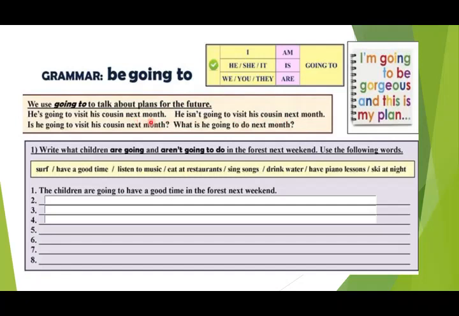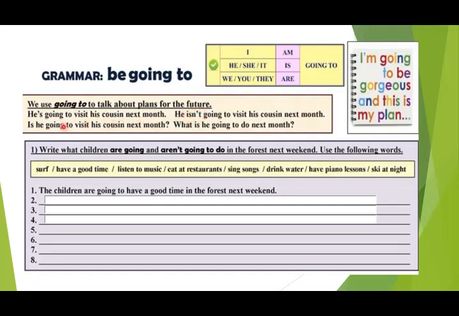So in affirmative and in negative form, you start with a pronoun and then comes the verb to be, right? But in negative form, it makes a contraction with the word not, right? Pero en la forma negativa hacemos una contracción con la palabra not, que se convierte en isn't, ¿verdad?